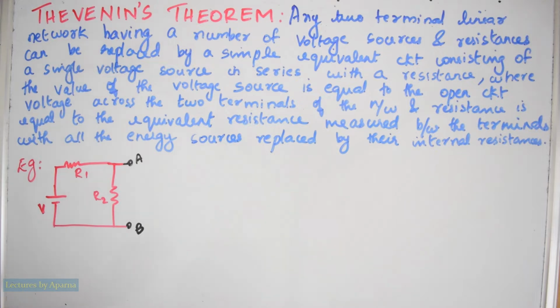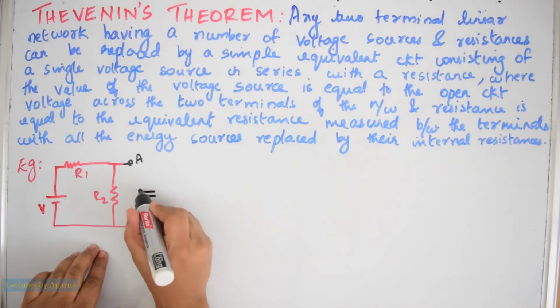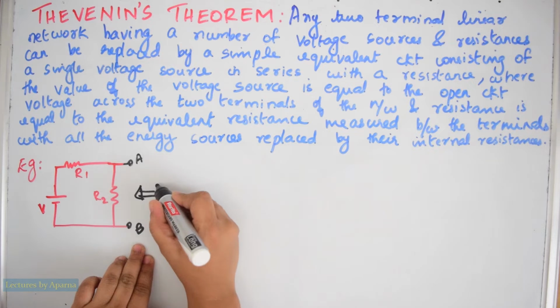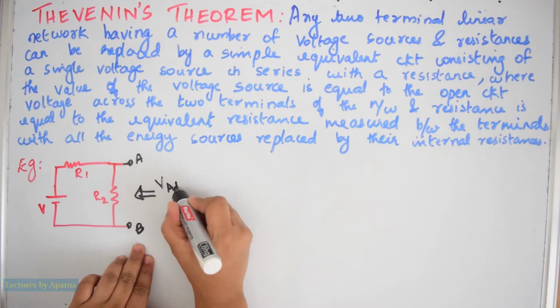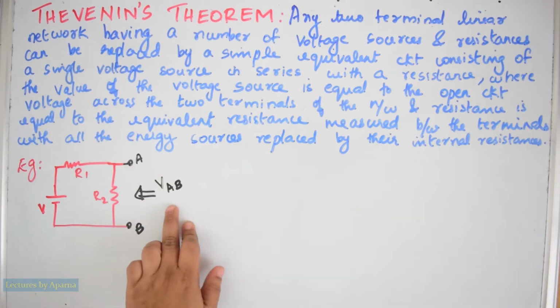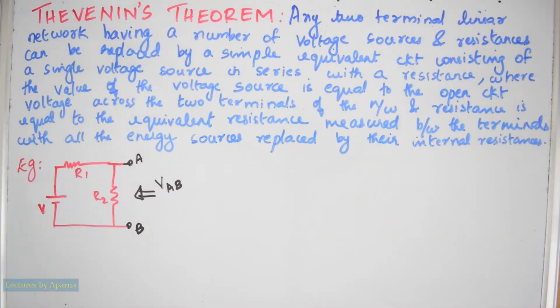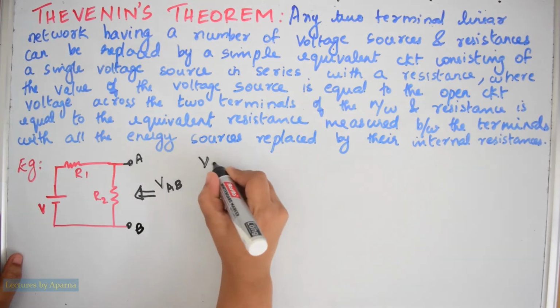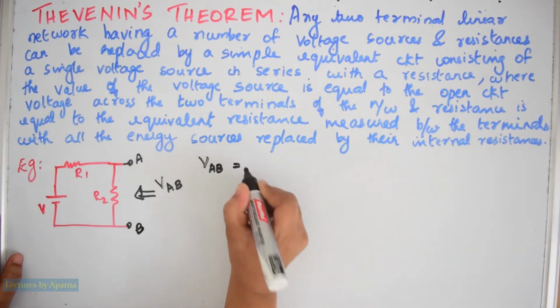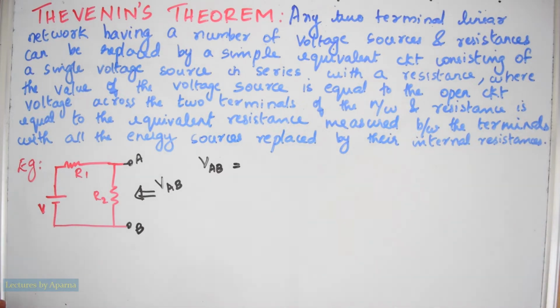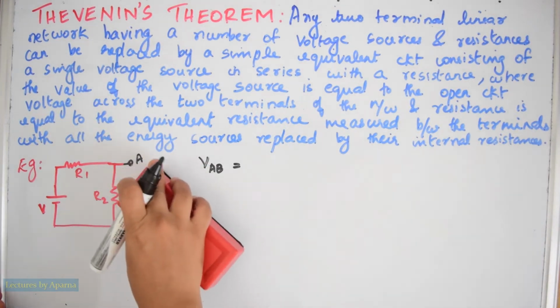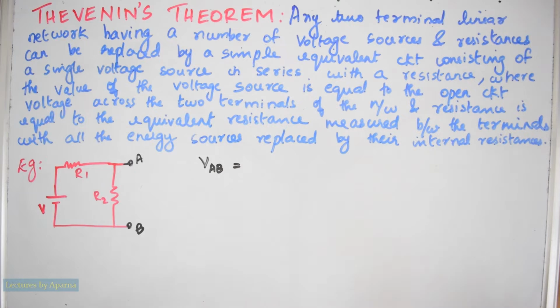The next step is to find the voltage VAB from this side. Okay, we have to find voltage VAB across this network. So let's find VAB. Voltage across A and B, VAB will be equal to, use the voltage division law.